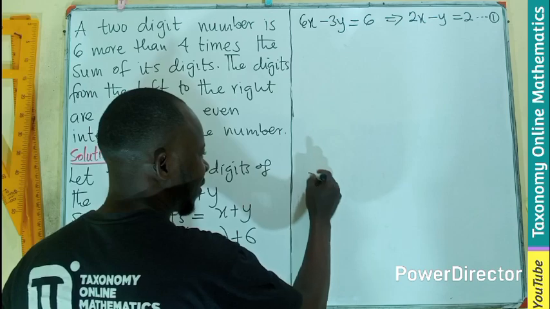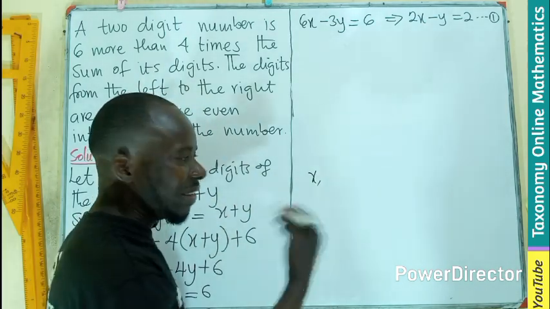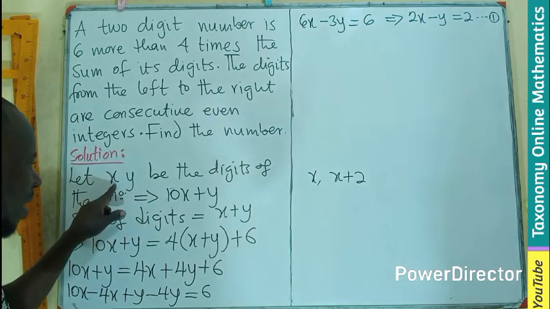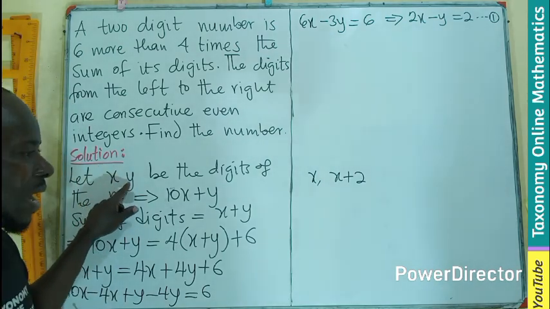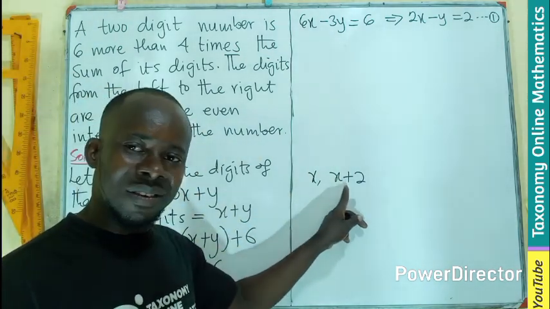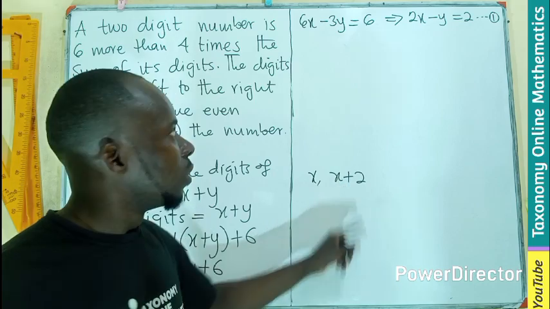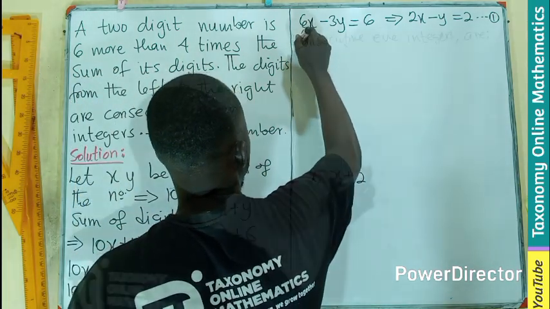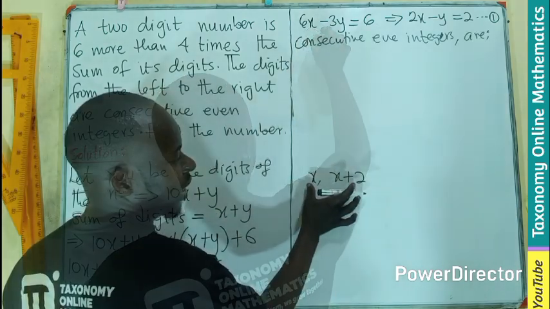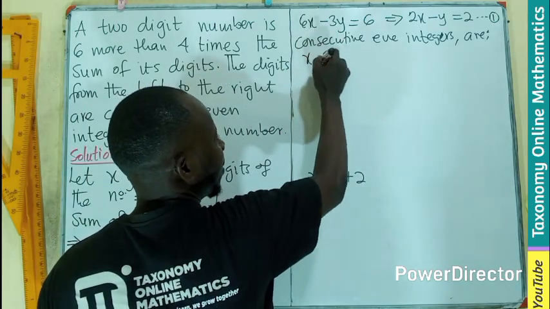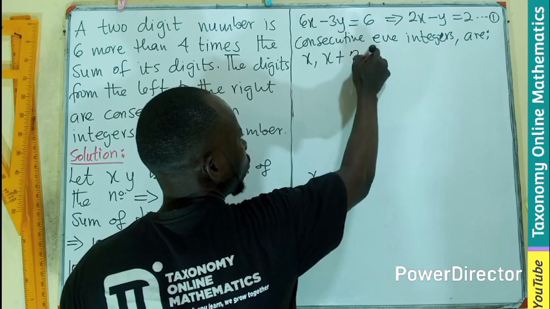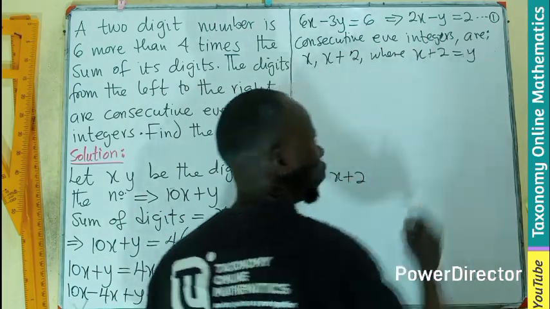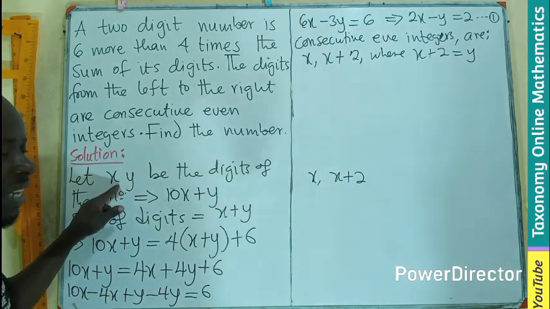So if x is the first number, the second number will be x plus what? 2. Don't forget, the first number is our x. The second number is y, meaning y is x plus 2. So our consecutive even numbers will be x and x plus 2, where x plus 2 is equal to y, because these are the digits we are referring to.